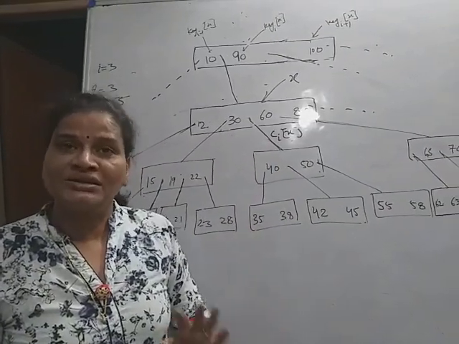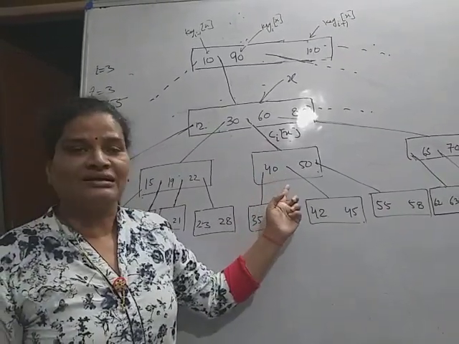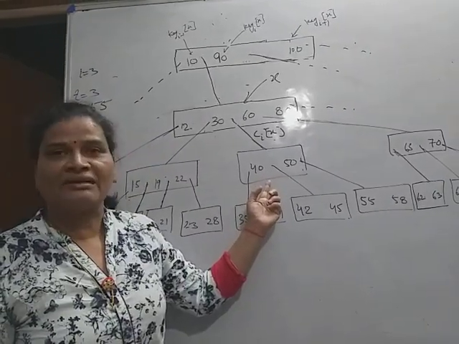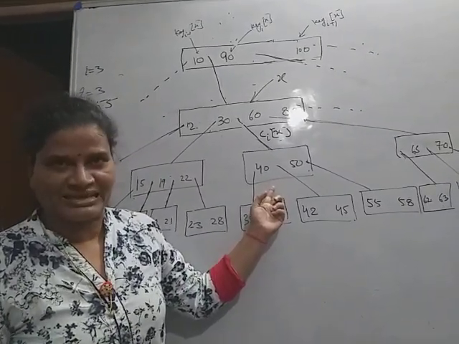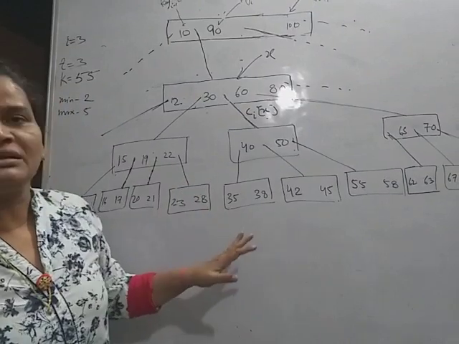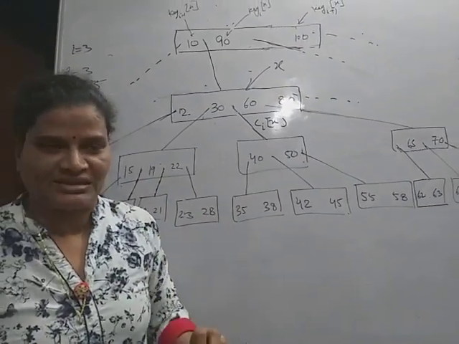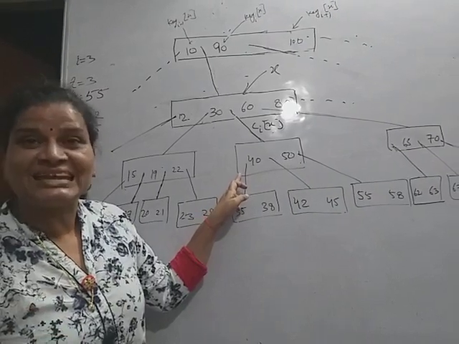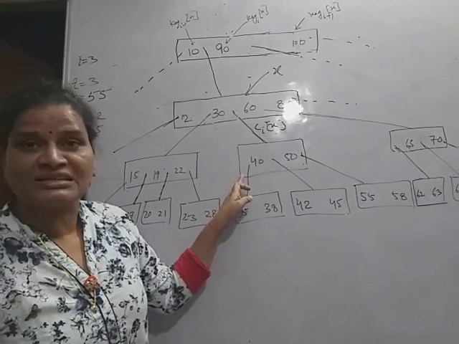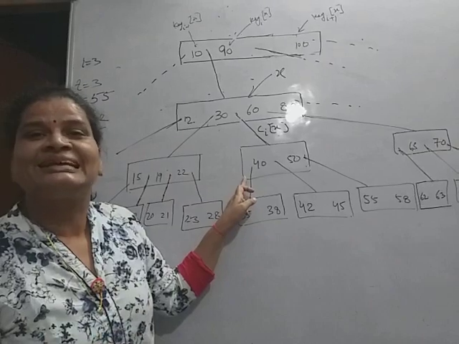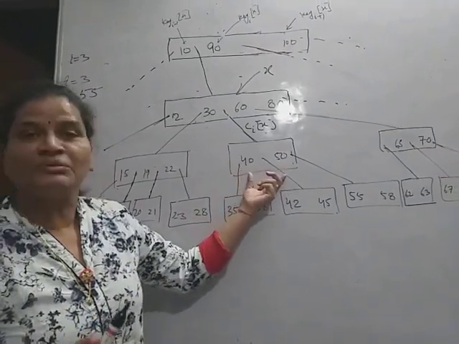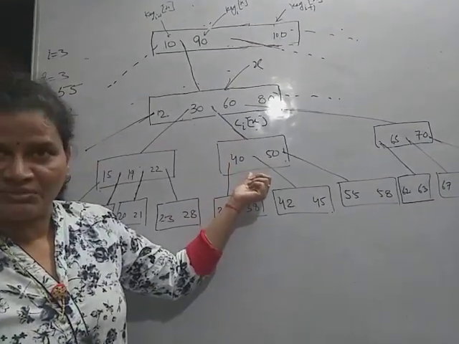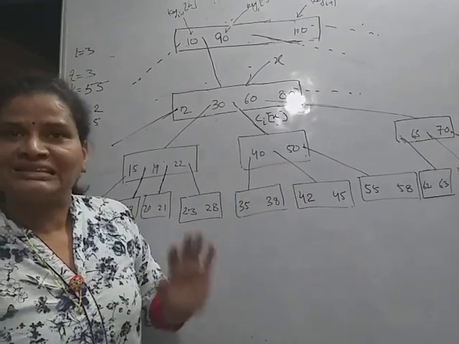So this is not t, so it does not have t keys. Now one of the 3 cases can apply. If Ci[x] contains t minus 1 keys, that is, 1 less than t, the minimum number of keys, then there are 3 cases.